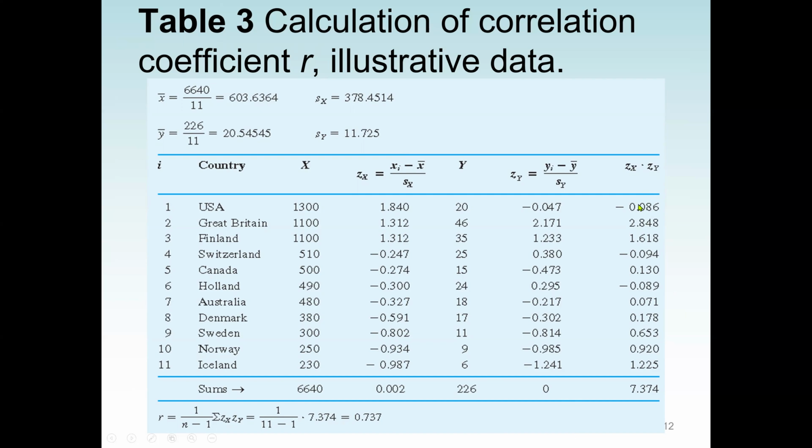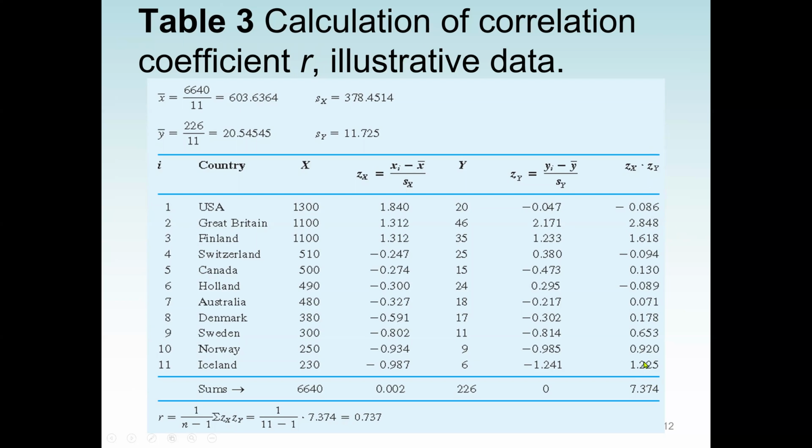So in the table here, you can see that when we get the ZX for each value here, we sum it. We have Y, we find the ZY for each value, we sum it. Then we are looking for, the formula is ZX times ZY. So we multiply ZX and ZY, and we get 11 ZX times ZY.